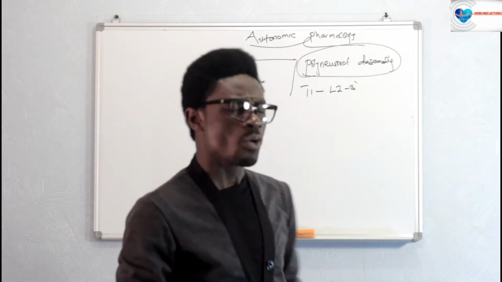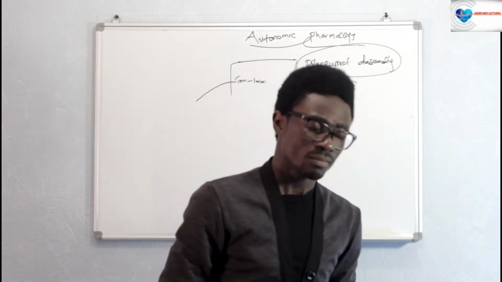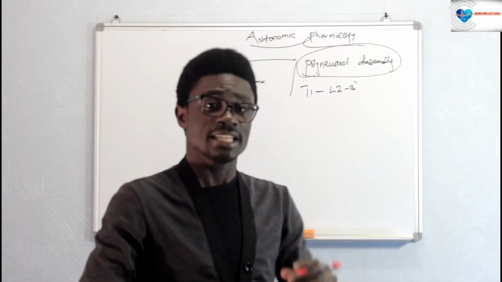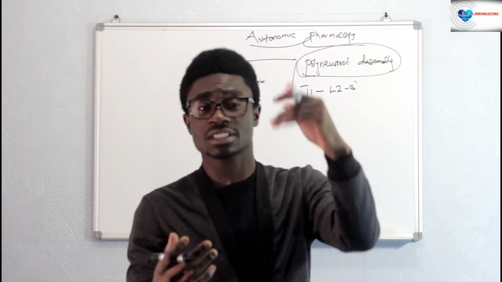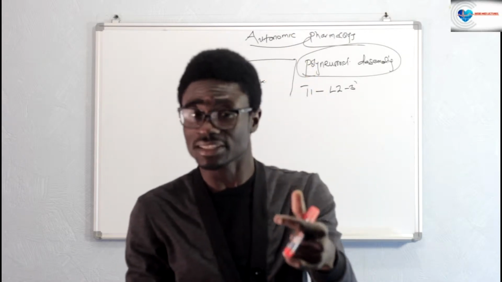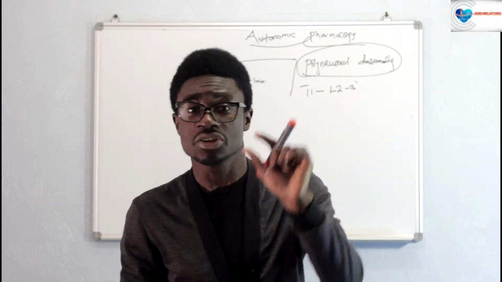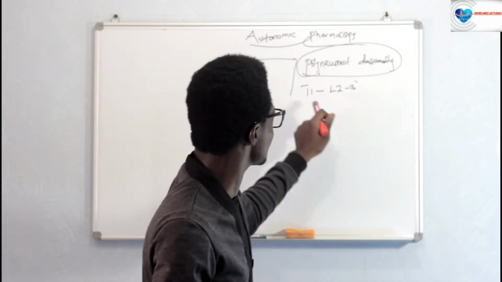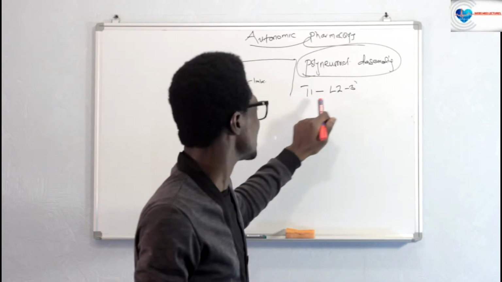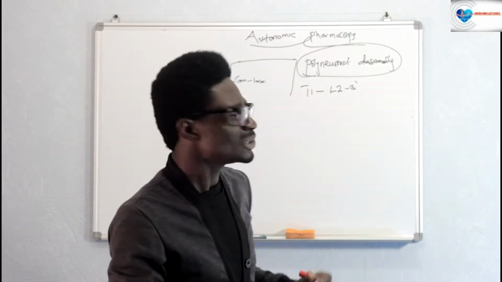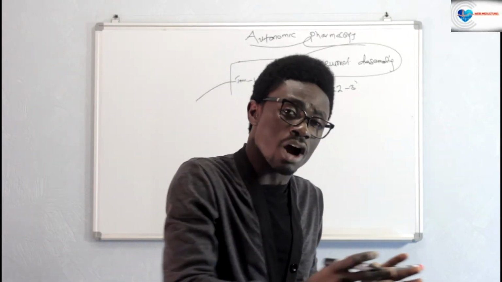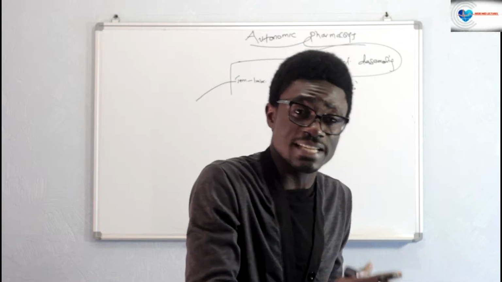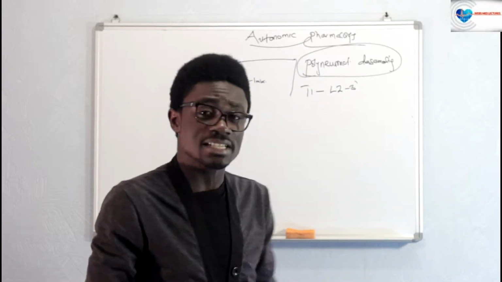So now, what actually happens there? From this point, the information which comes from the posterolateral nucleus through the polyneuronal descending pathways gets to this segment of the spinal cord, T1 to L2 or L3. Now this information is going to go out from the spinal cord, that's from the CNS, through what we call the sympathetic outflow.